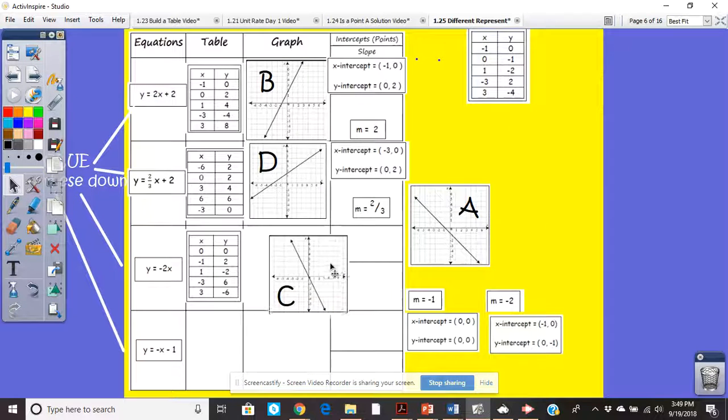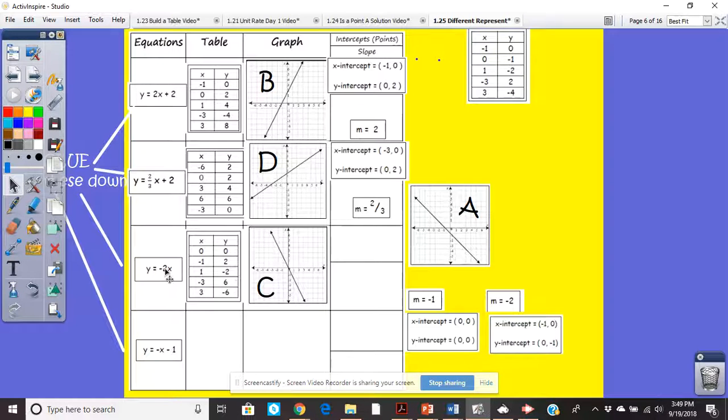And so graph C is the only graph that has a negative slope, and that also goes right through the origin. Again, the slope is the number that's attached to x, so the slope here is -2. And then your x and y-intercept are both going to be 0, 0, since this is a proportional relationship. It goes through the origin.